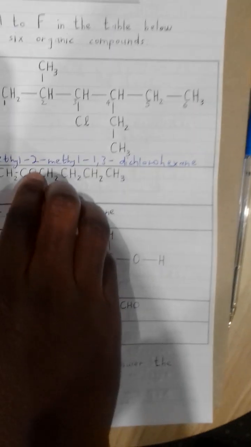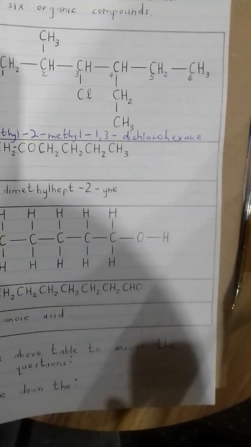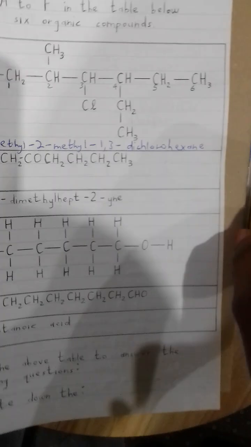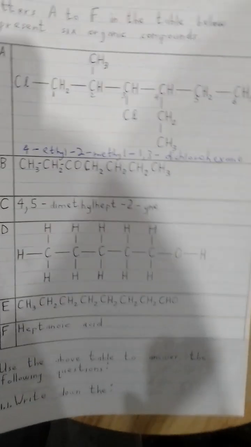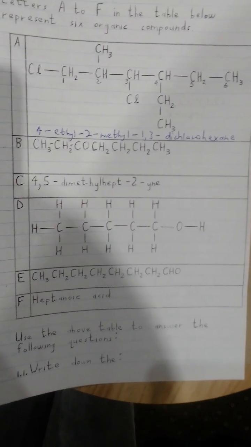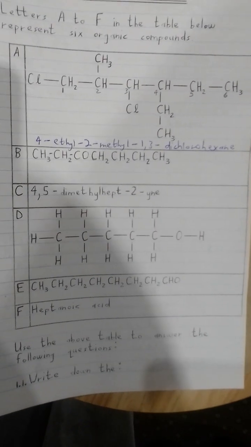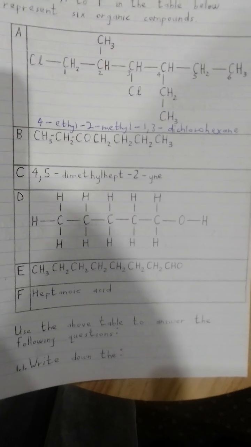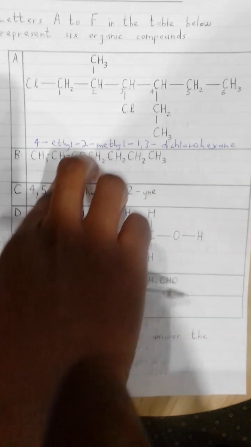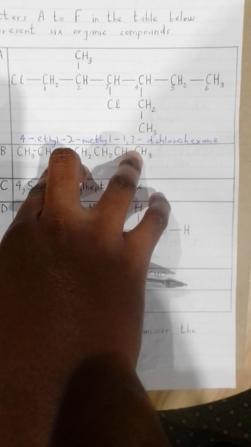Single bond here. The O is on top, then it's a single bond. Since the carbonyl group is in the middle, what is the functional group of this? It's a ketone. 1, 2, position number 3, 4, 5, 6, 7. So this is heptane.